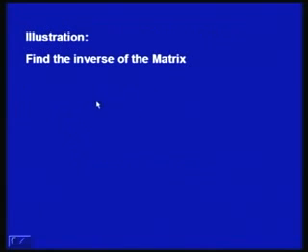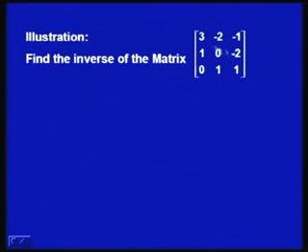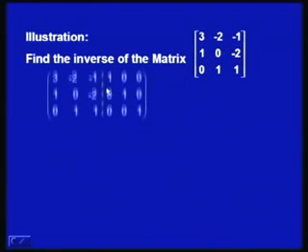So let us find the inverse of this 3 by 3 matrix. Then we consider the augmented matrix, and on the right hand side will be an identity matrix of order 3. What we have to do is transform this matrix into the identity matrix, and by the time it is the identity matrix, this will become the inverse of this matrix.